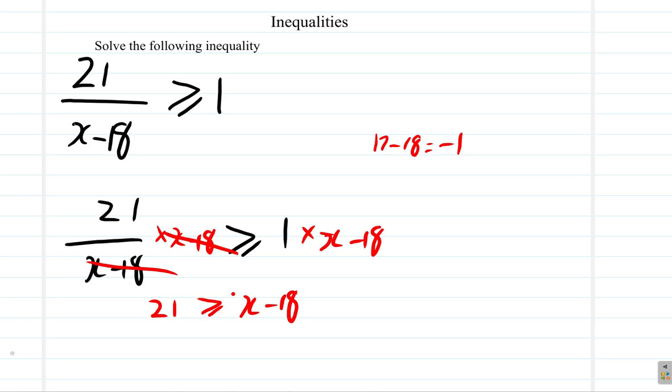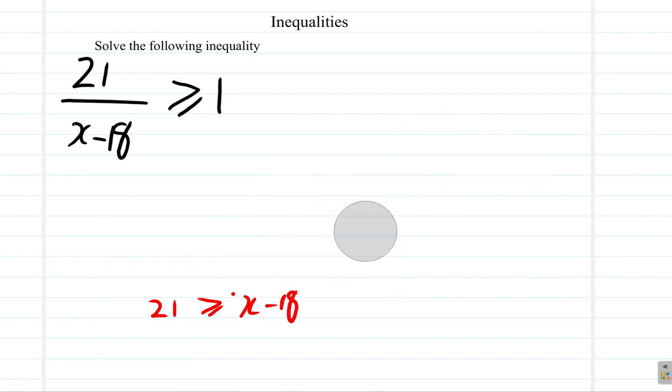The division would be indeterminate, because you would have 18 minus 18 equals 0, and you're trying to divide by 0, which can't happen. Now, if x is greater than 18, for example, 19 minus 18 is equal to +1, then you could multiply both sides. But you don't know what x is.